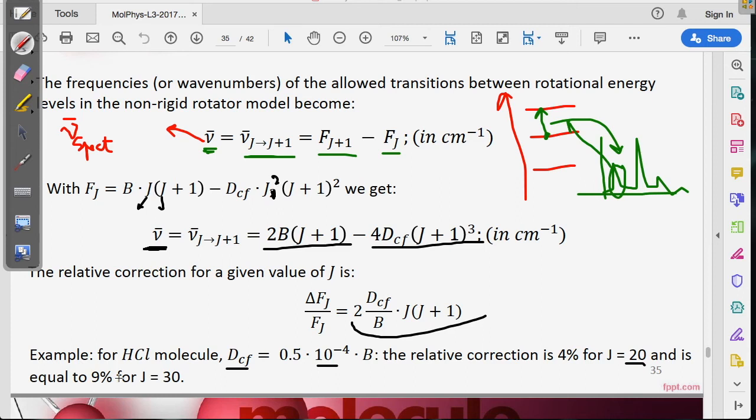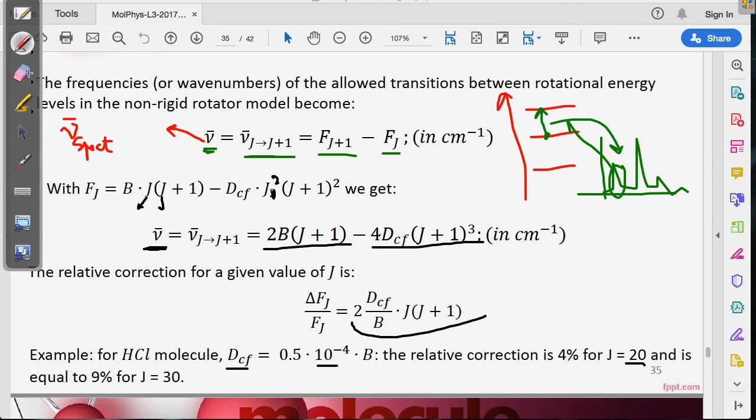And this is why, for most rotational energies that are not really very high, the approximation of non-rigid rotator is basically correct. Because the correction is extremely small, sometimes even smaller than the spectrometer's capacity of resolution to see it.